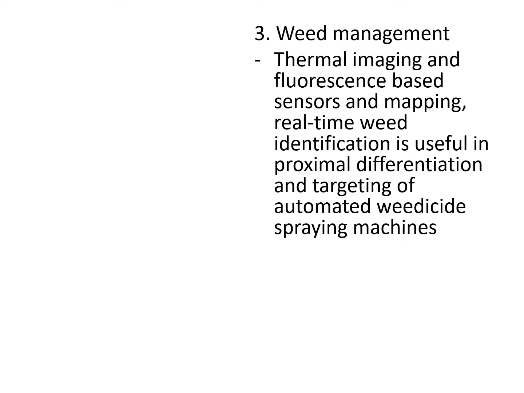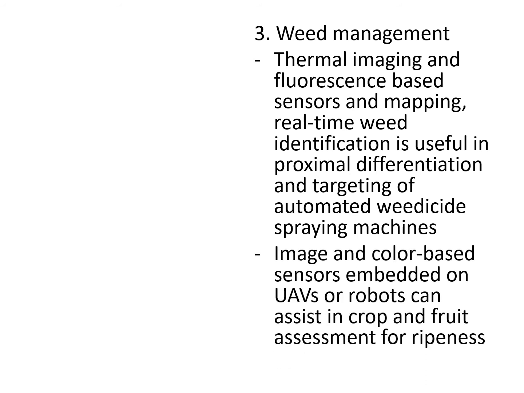Another usage of the sensors is in weed management, and here we are saying that thermal imaging and fluorescence-based sensors and mapping real-time weed identification is useful in proximal differentiation and targeting of automated weedicide spraying machines. Images and color-based sensors that are borne on the UAV, or unmanned aerial vehicles, or robots, can assist in crop and fruit assessment for ripeness, for example.